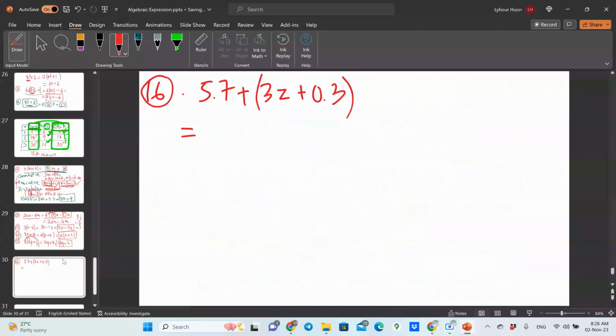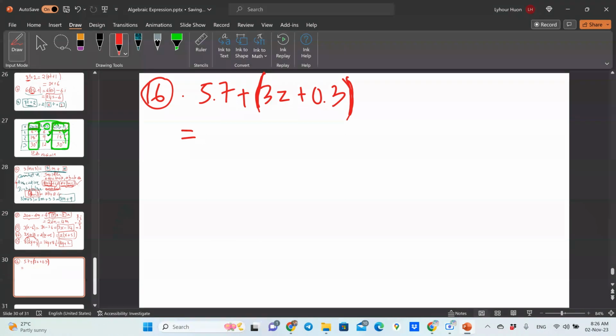But how do you identify which one? Another trick: if the parentheses are multiplied, for example by this 2 here, it's distributive. But if the parentheses are with addition or subtraction, it will be associative.